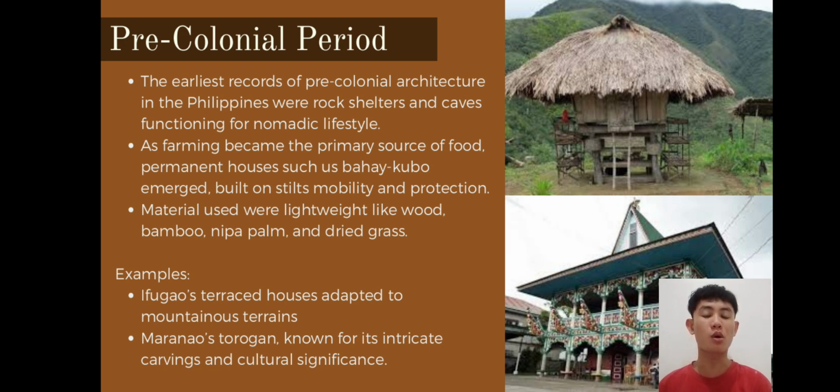The Bahay Kubo was constructed using light materials like bamboo, wood, nipa palm, and dried grass, which are abundant and sustainable. These materials made the house easy to construct, repair, and even relocate.